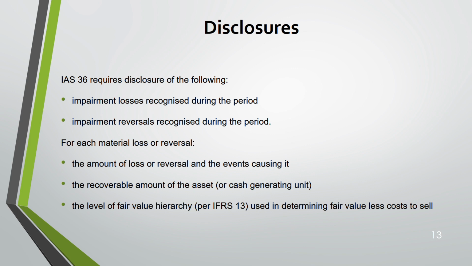And level 3 is not preferred. It is the riskiest. It is like you are predicting based on your cash flows. So those are the 3 levels. And the discount rate used. These things you have to disclose. Now we are moving on to questions.